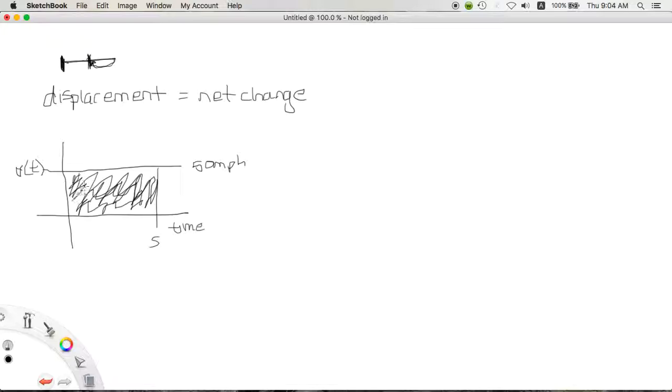Then the area under the curve is what gives us our displacement. So when you have velocity, if you take the integral from a to b of the velocity function, then you're going to get your displacement, or your net change in how far you went from the beginning.